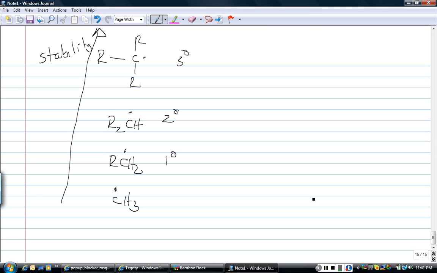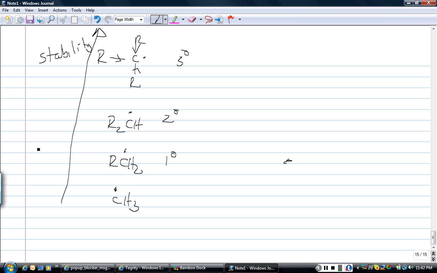But the point is they're both electron poor, which means anything that dumps electron density towards the electron poor side will stabilize the system. The more R groups I have, the more they dump electron density towards the electron poor side and therefore stabilize it. So the most stable free radicals are tertiary, much like carbocations, followed by secondary, followed by primary, and then the methyl radical is the least stable.